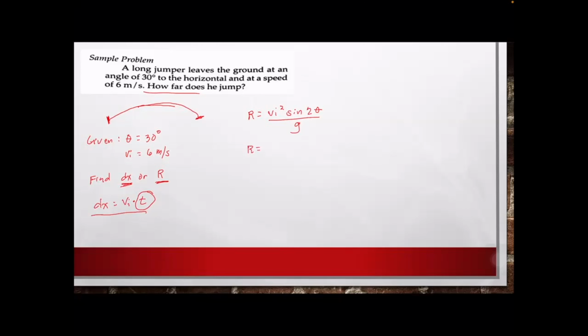So your R is equal to Vi. What is your Vi? This will be 6 squared sine 2 times 30 over 9.8. So your R is equal to 36 sine 2 times 30, this will be 60, over 9.8. Compute 36 sine 60 divided by 9.8.